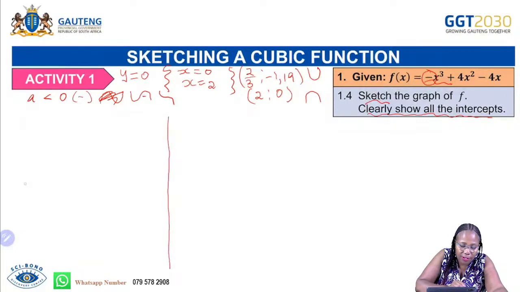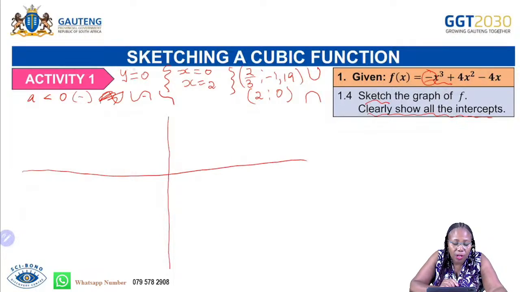We have everything that we need. We can now sketch this graph. So now we have the y-intercept at 0. That is the y-intercept. We have the x-intercept at 0 again, and then also at 2. That is the intercepts. And then we have the turning point at 2/3. 2/3 is before 1.